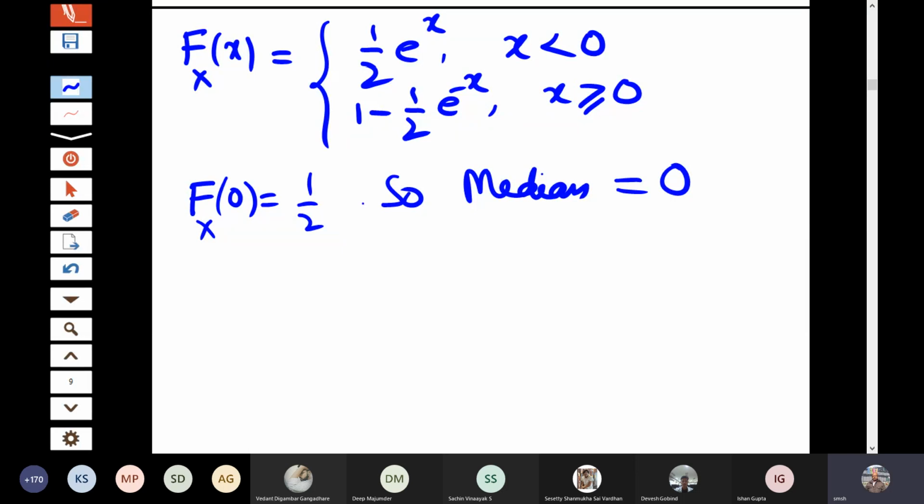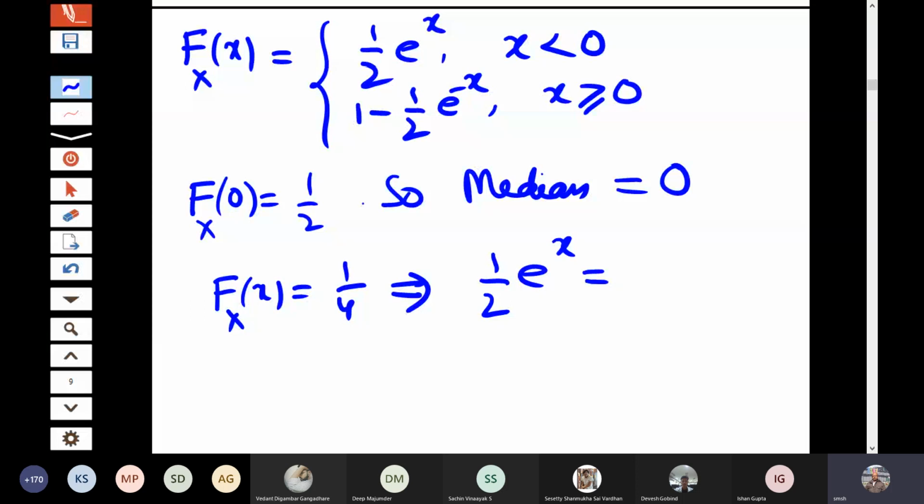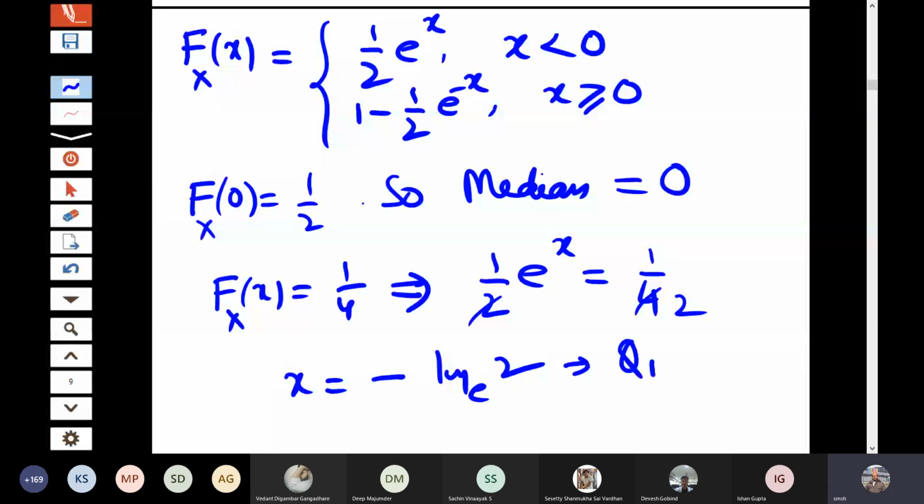For the first quartile you should have f of x to be 1 by 4, isn't it? Then this will give me half e to the power x is equal to 1 by 4. So of course you can do it simply. So x is equal to minus log of 2. So that is q1 by 4, the first quartile.